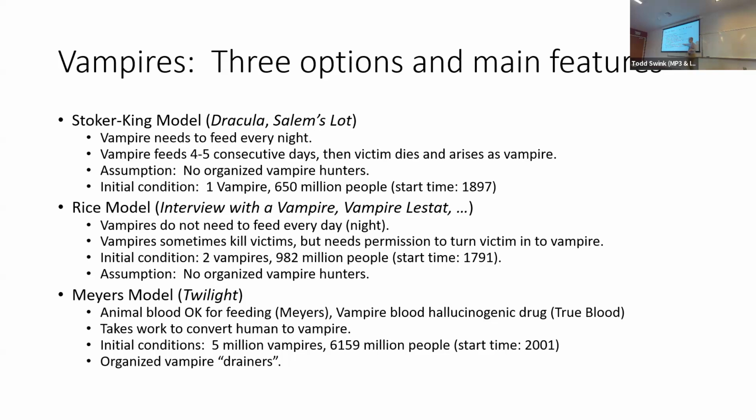That means there are organized vampire hunters, drainers, and there's synthetic blood, so the vampires don't have to kill people. It's all about the interpersonal connection between them. Their initial condition was 5 million vampires, because they're coexisting, and 6 billion people, around 2001, and they're all organized.